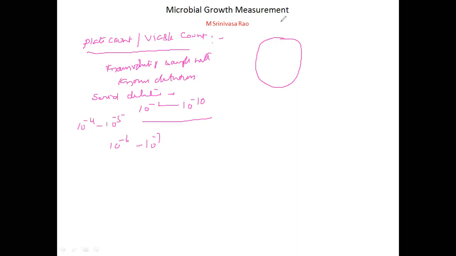Now, after preparing a proper medium, we'll take any one of the dilutions. Either you can take 10 to the power of -6 or -7 and take a known volume, maybe 1 microliter or 2 microliter of sample, and spread it on the Petri plate.